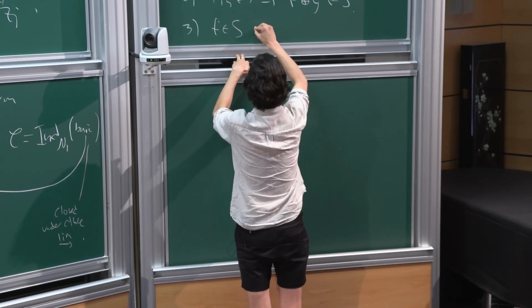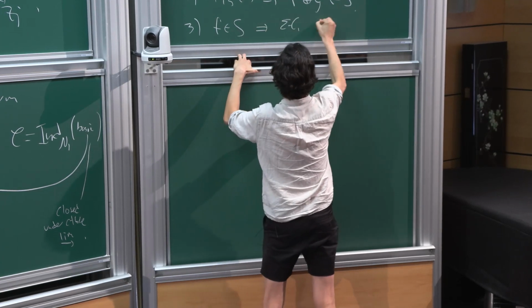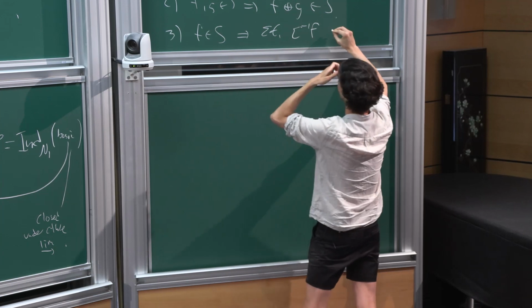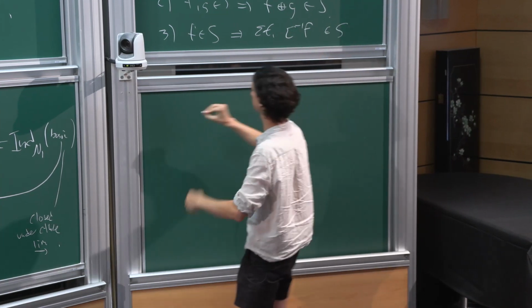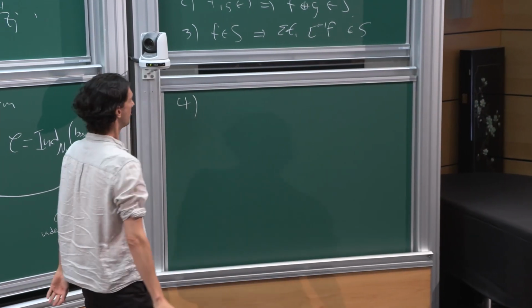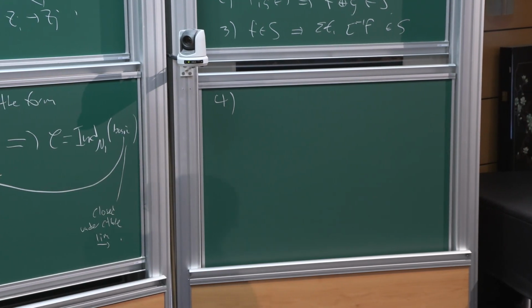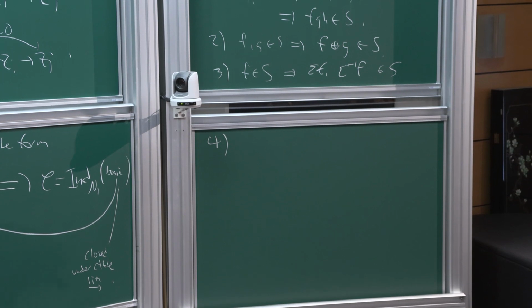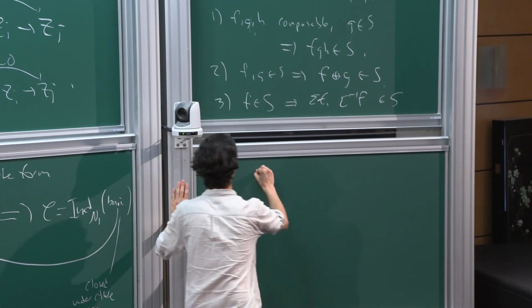If f is in S, then the suspension of f and desuspension of f are in S. Some of these might follow from others, I don't know. So the fourth one: we'll start with this situation.